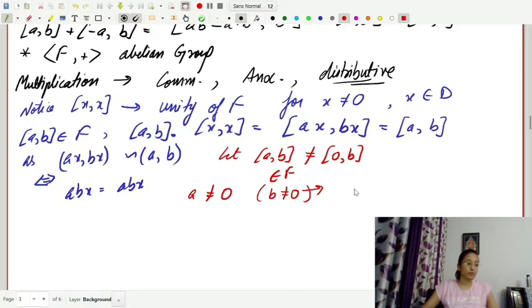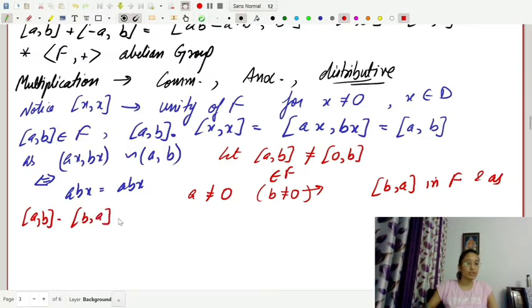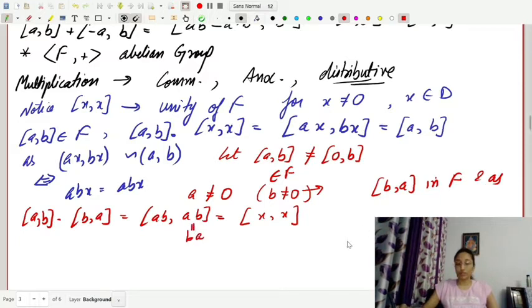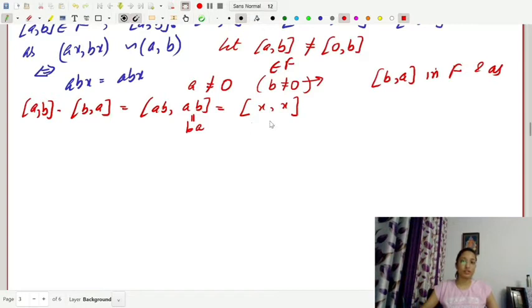So we can talk of (b, a) in F, and as (a, b) · (b, a) is equal to (ab, ab), that is the unity (x, x), ab into ba, this is commutative under multiplication, so it gives us the unity.